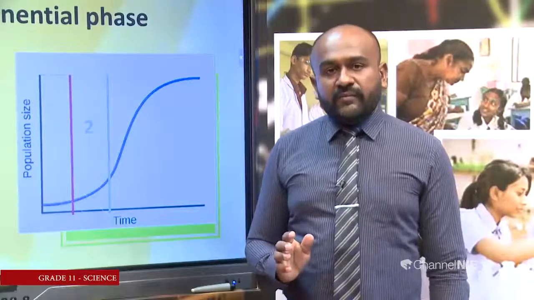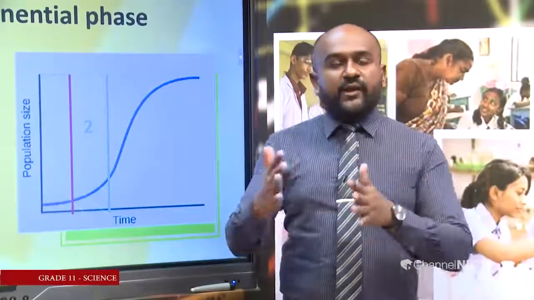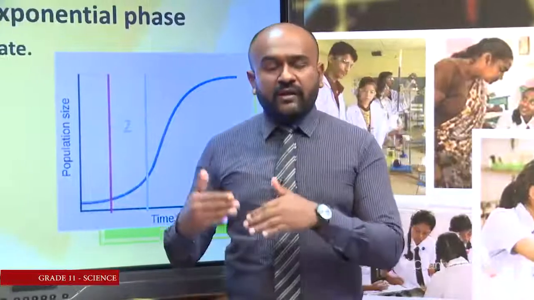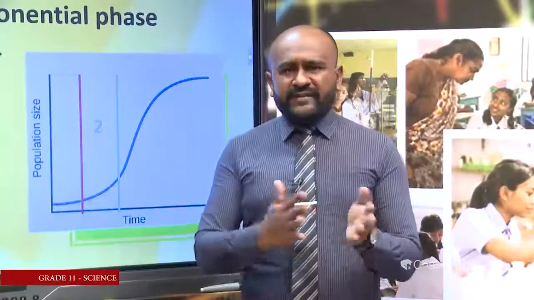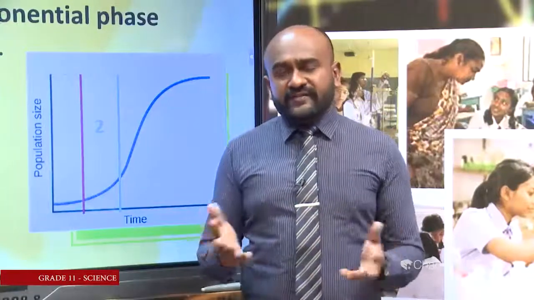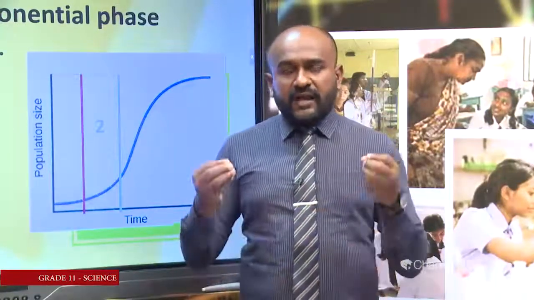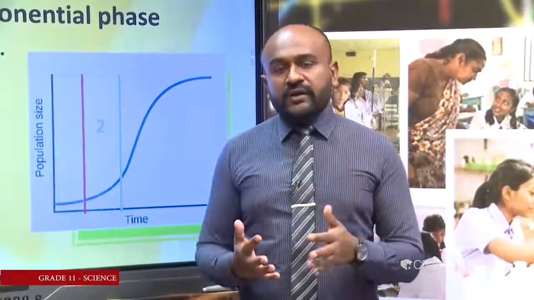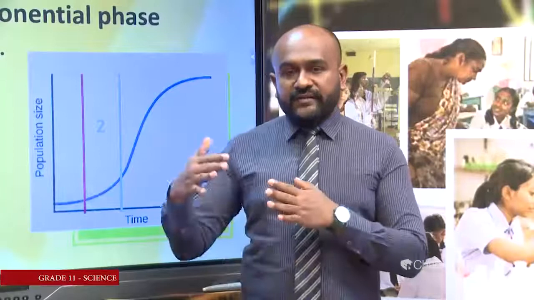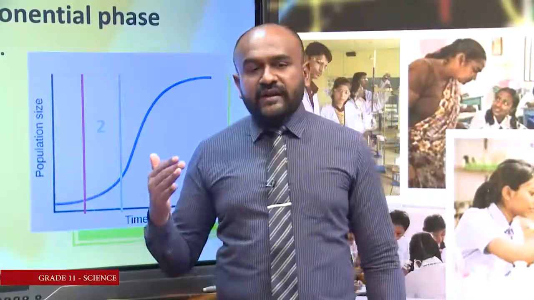I told you that at the beginning they are not much adapted. Now, they are more adapted to the environment and they get enough food, and by this time predation might be less, with less competition and enough food for them to live. So, they can reproduce. As a result the number increases rapidly.